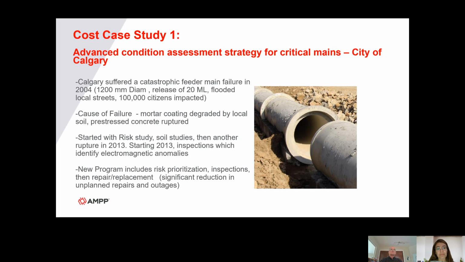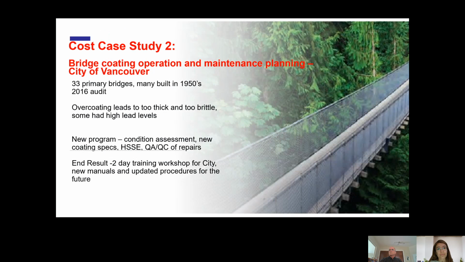On top of that, they now have risk prioritization, inspections, and repairs and replacements. So it's more proactive than reactive, and that has significantly decreased failures. They haven't had any major failures since 2013 because of this.